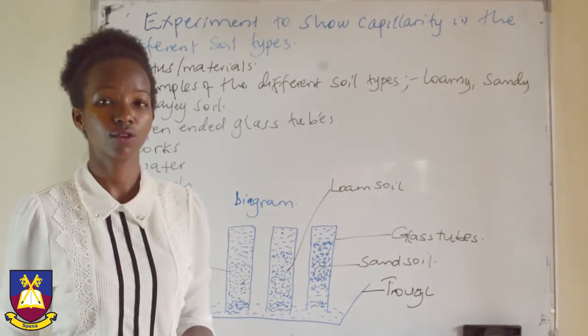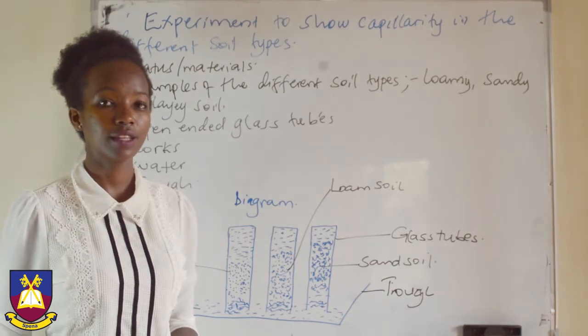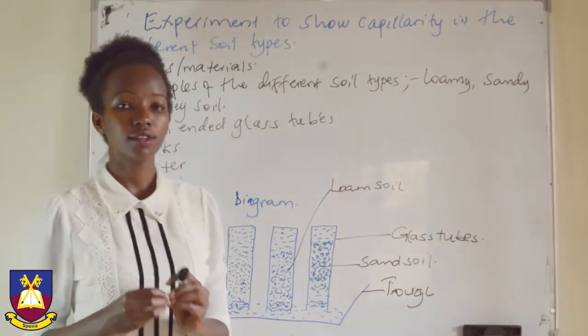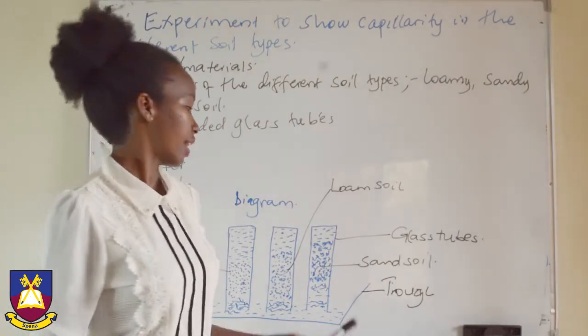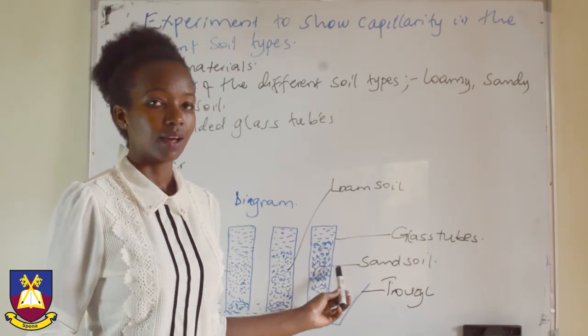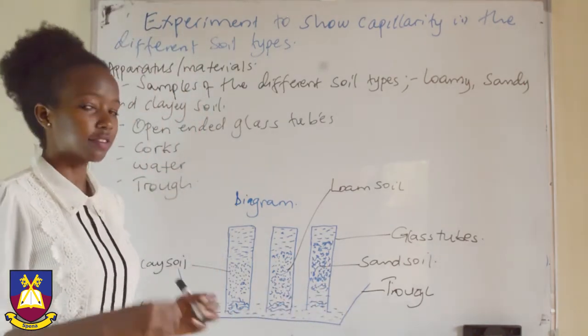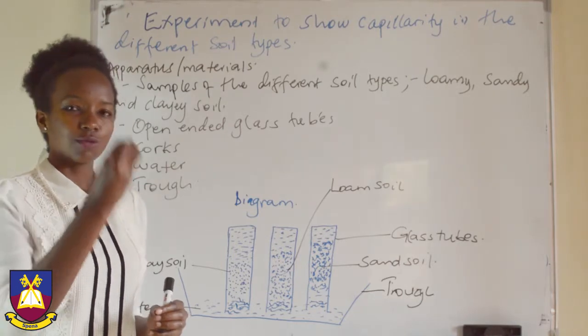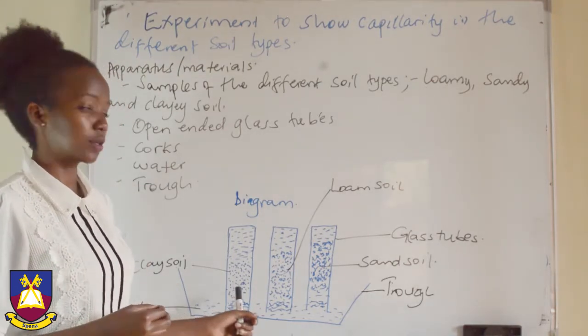And what does this show us? How do we explain that? We can explain that because sandy soil has a lot of spaces within it, water quickly brushes through it. Because clay soil has the smallest particles, water takes its time to go through it.